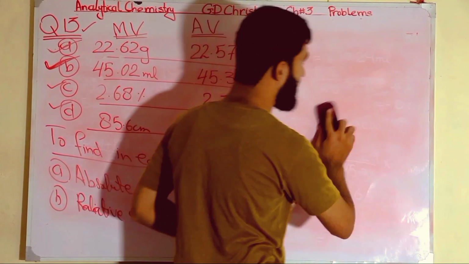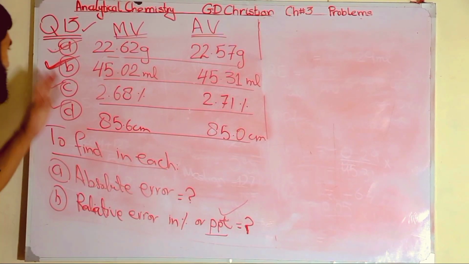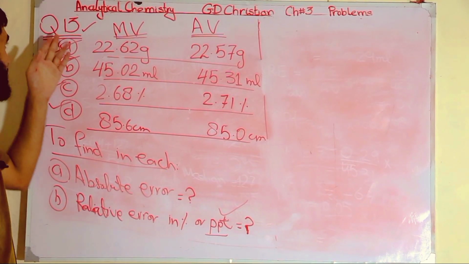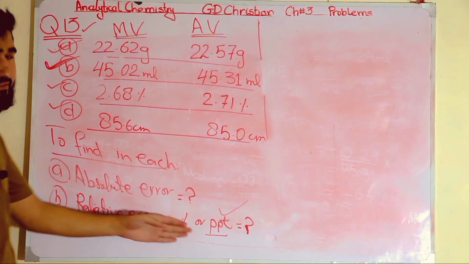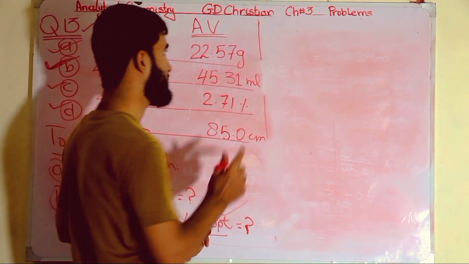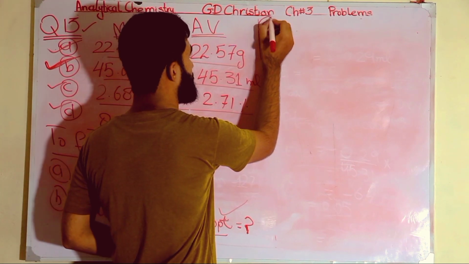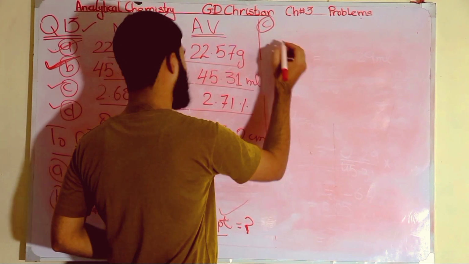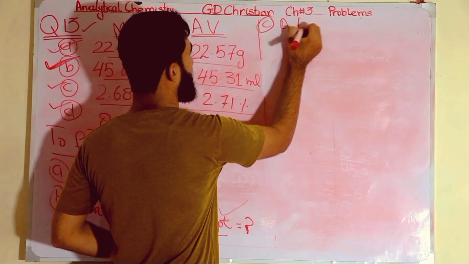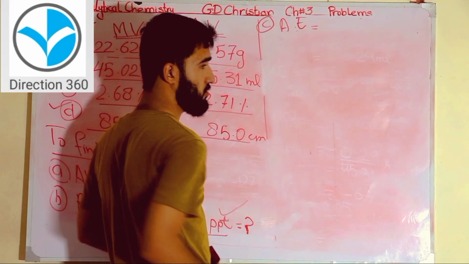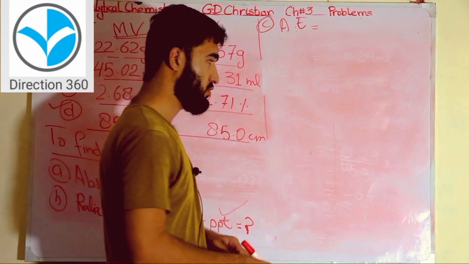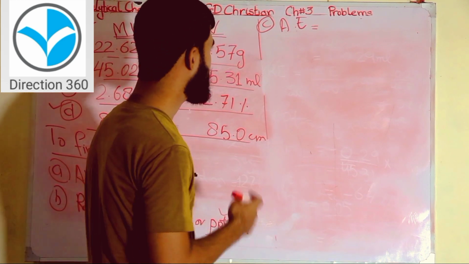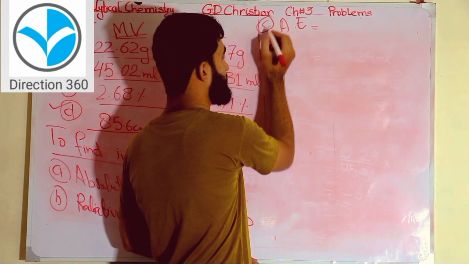Now students, we have to solve part C of numerical problem number 13. We have to find absolute error, percentage relative error and parts per thousand. Let's solve. First of all, we have to find absolute error. Now I am solving directly. You know all the formulas used in these parts.